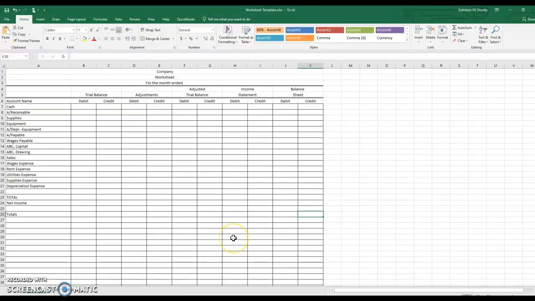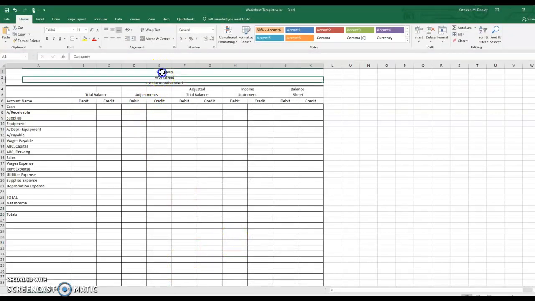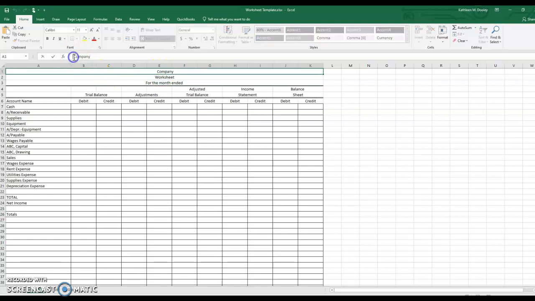So I have provided you with a template, and we're going to go in here and mowing company. It's a worksheet. It's for the month ended 5/31/21.